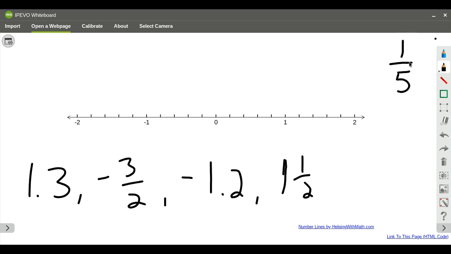So 1/5 is one of the values. A nice thing though is I'm going to convert that, and I want to know what 1/5 is in terms of a decimal. There's a couple ways that I can do that. I can do 1 divided by 5, and I can find it that way. But sometimes this method is not always going to be the fastest way. If I have a denominator that I can turn into a place value, being 10, 100, 1,000, I am going to create an equivalent fraction.